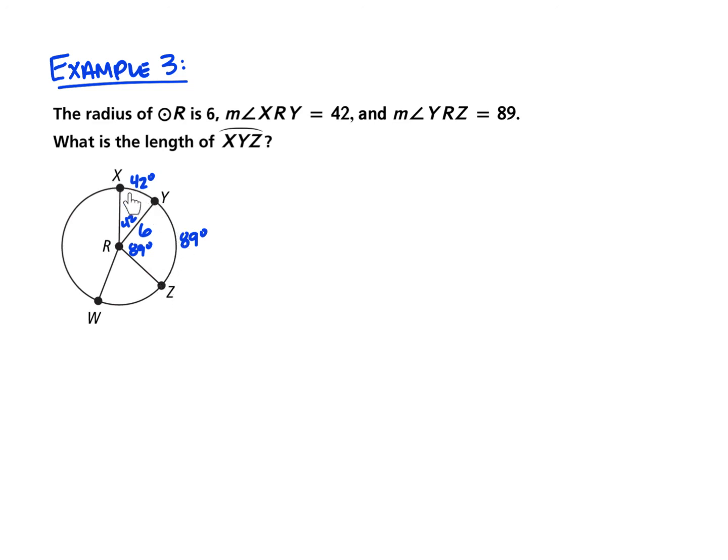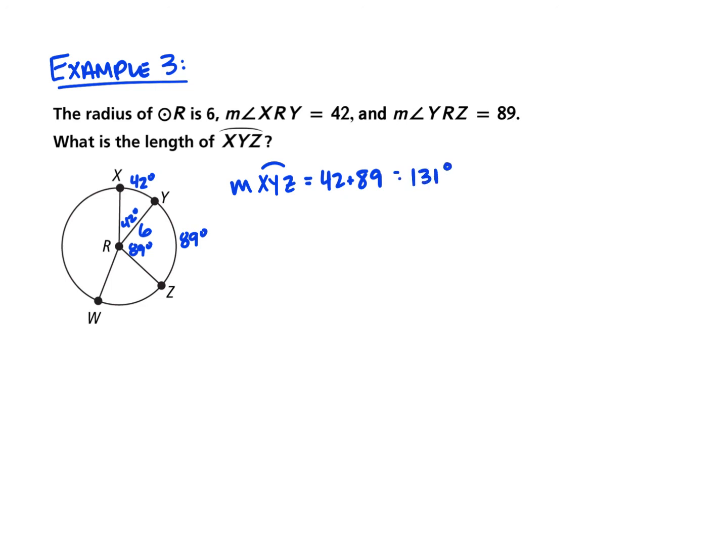So I noticed that that arc has a total measure of 42 plus 89, right? That the measure of arc XYZ is 42 plus 89. I can add these 2 arc measures together to get this total arc that's created going from X through Y to Z. So that's going to be equal to 131 degrees.